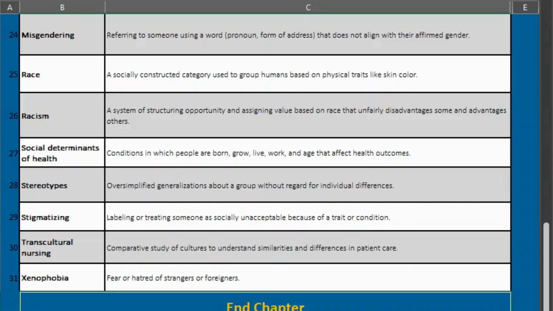You make sure the patient can read the prescription label, and you need to offer large print if needed. That is the literacy. Very important: bias, stereotypes, stigmatizing. There is a lot of xenophobia from patients towards the nurses, but we have to somehow teach them.